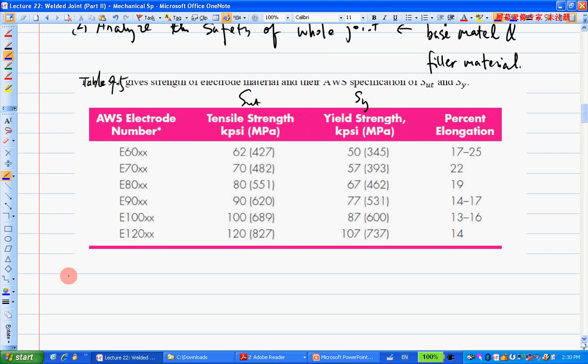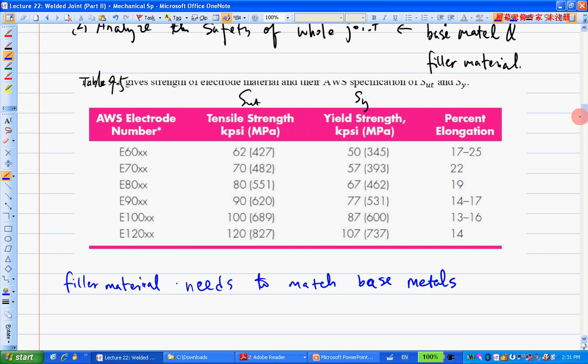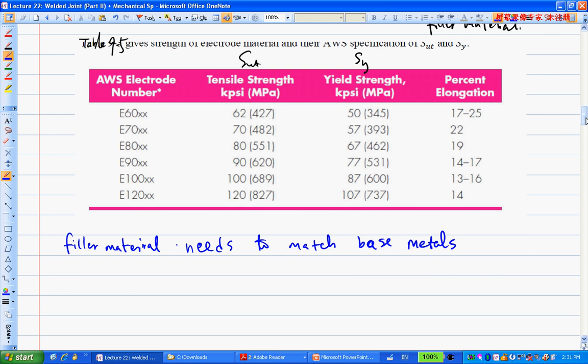So the filler material needs to match the base metal.